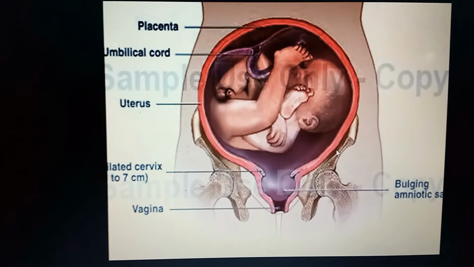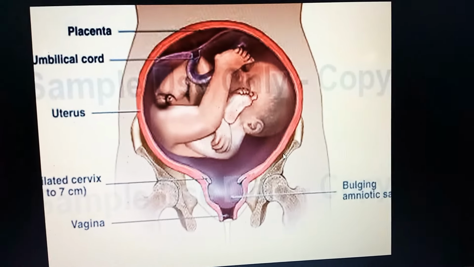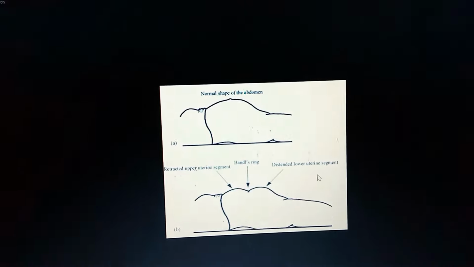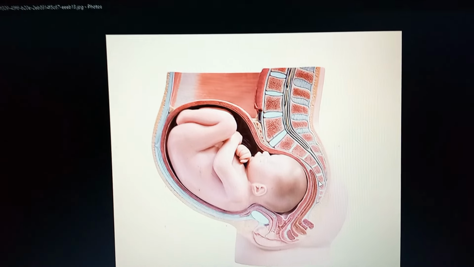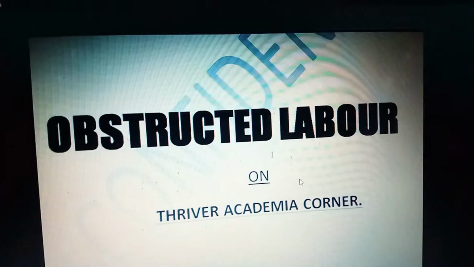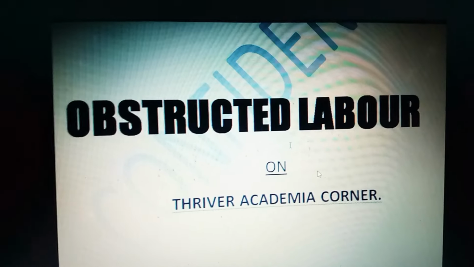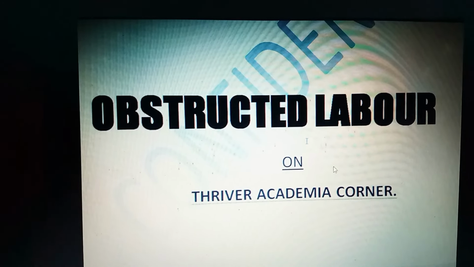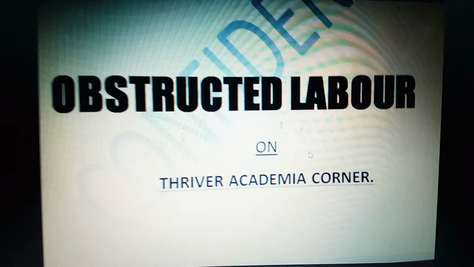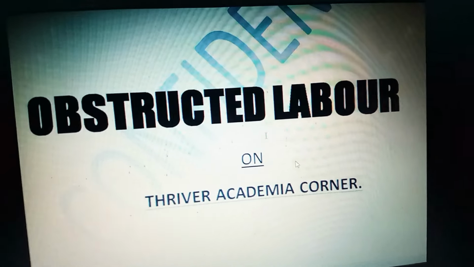Then on auscultation, because of the obstruction, the fetus is deprived of oxygen, so the gaseous oxygen is impaired. So the fetal heart can be bradycardic or tachycardic because of the prolonged strong uterine contractions.